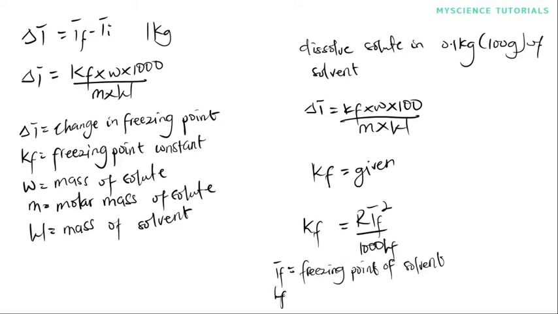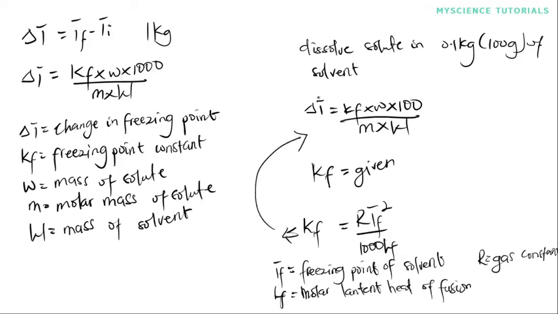The Lf over here is the molar latent heat of fusion, and then the R is the gas constant. Alright, so with this formula we can calculate the value of Kf, and once we get Kf we can easily substitute Kf into this equation and we can calculate for any other parameter that the question may require of us.